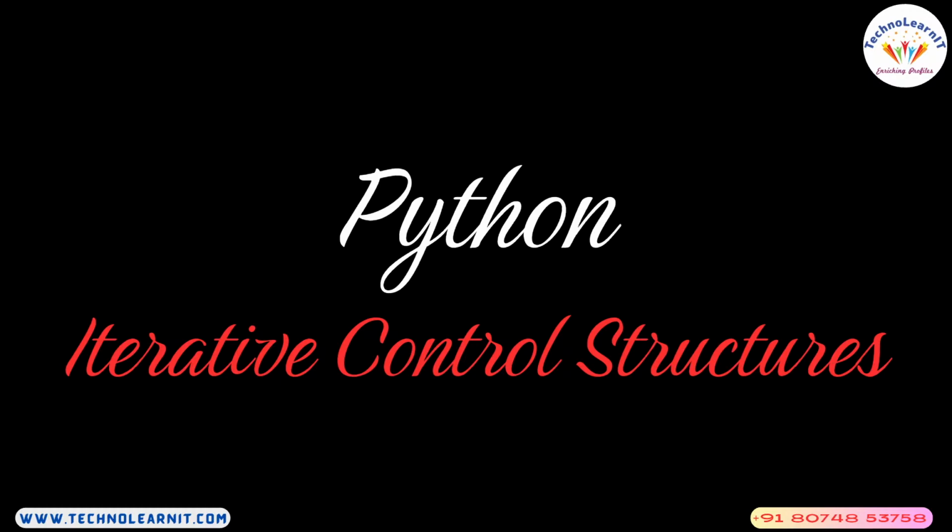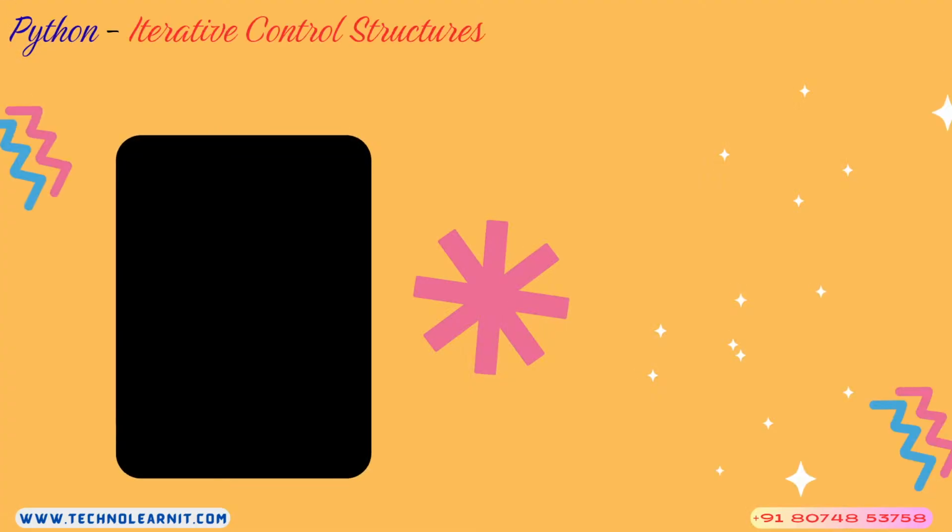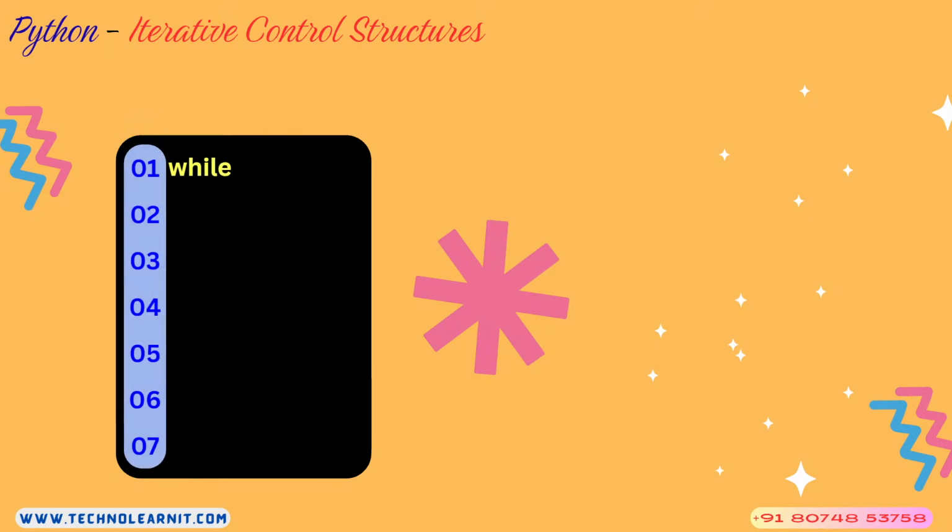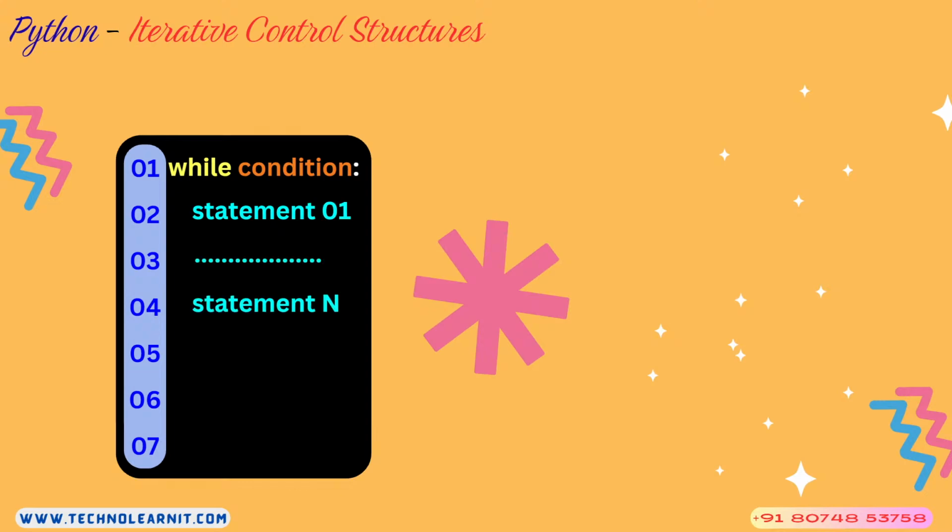Now, we are going to talk about iterative control structures in Python. In the earlier session, we have covered decision control structures. Now we are going to talk about iterative control structures. So while is a keyword in Python followed by a condition and then a colon, and some indentation must be used to specify the body of the while.